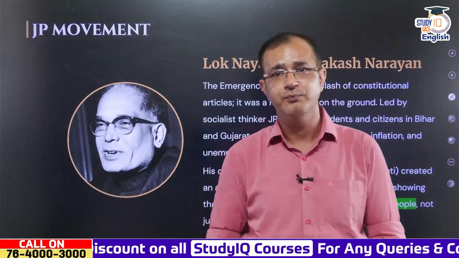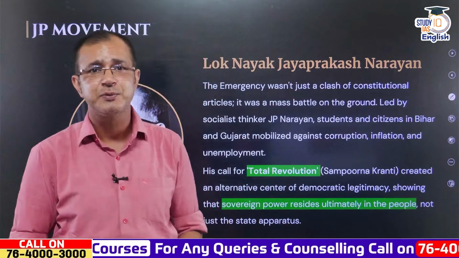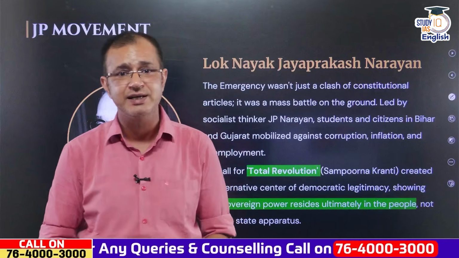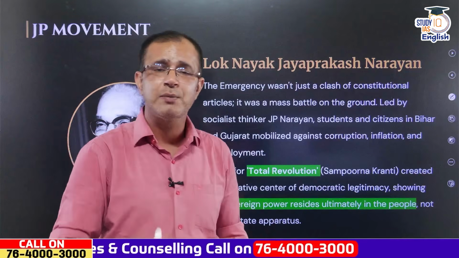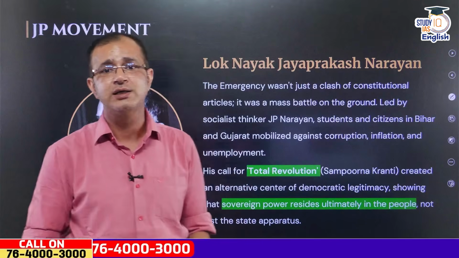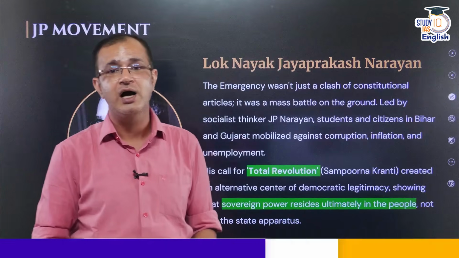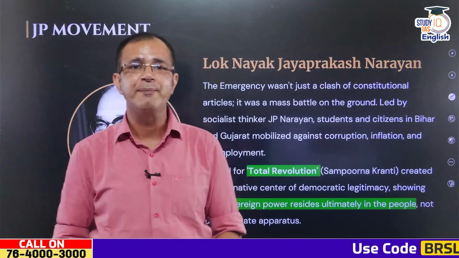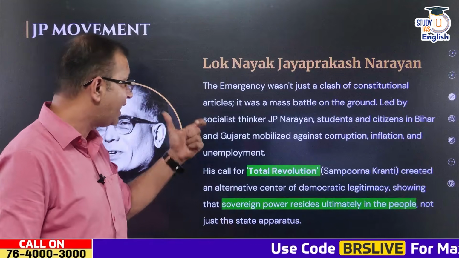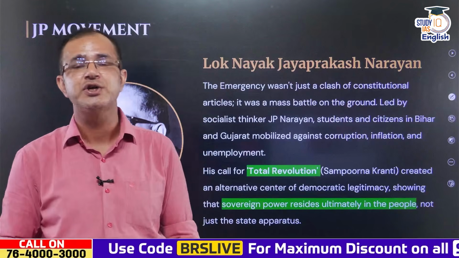Now the time period of emergency, between 1975 to 1977, was not just about the clash of constitutional articles, but also a mass battle on the ground led by socialist thinker Jayaprakash Narayan. Students and citizens in Bihar and Gujarat mobilized against corruption, inflation and unemployment.